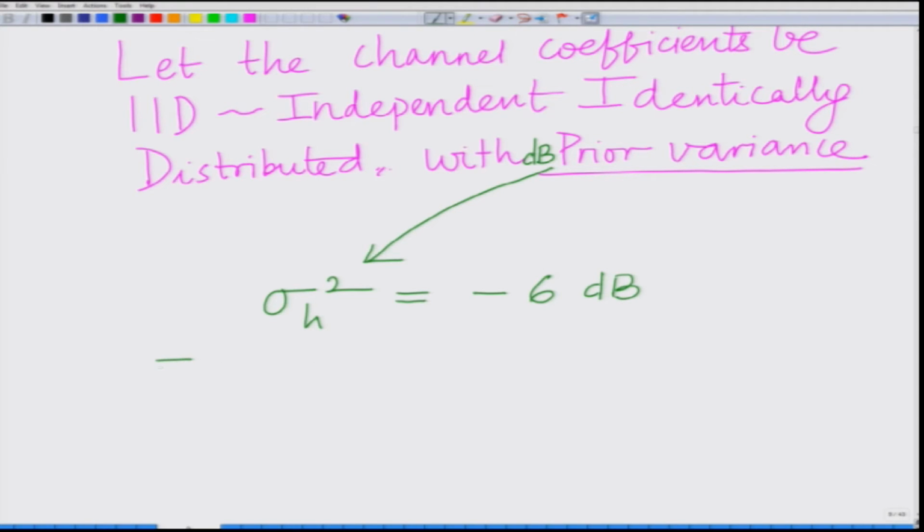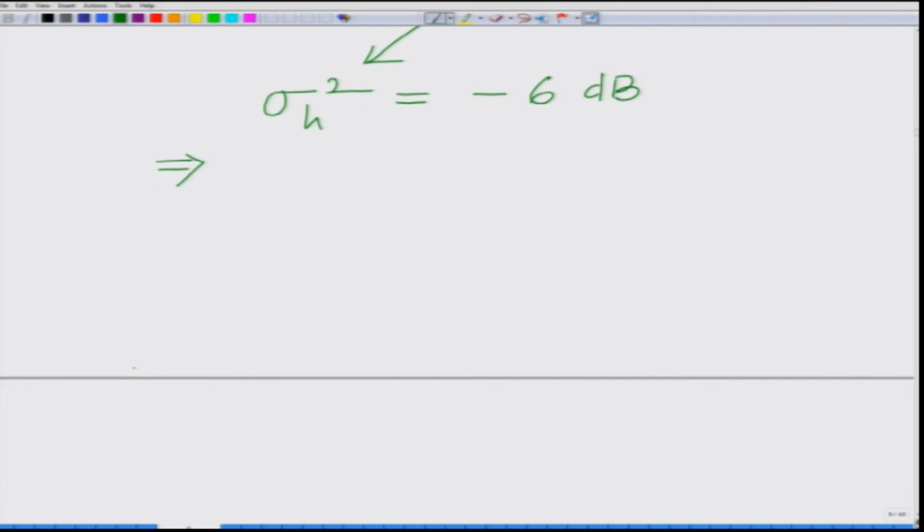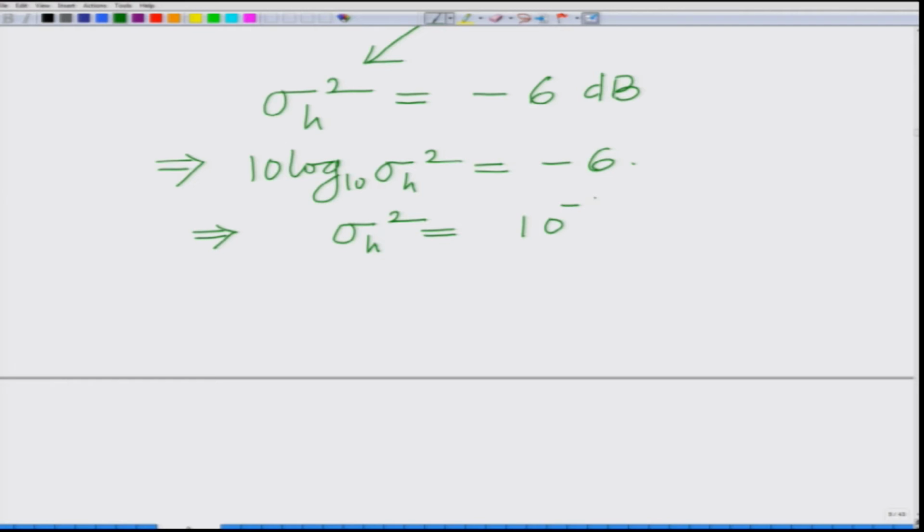The prior variance sigma h square is minus 6 dB, which implies 10 log 10 sigma h square equals minus 6, so sigma h square is 10 raised to the power minus 0.6, which equals 10 raised to the power of 0.3, to the power of minus 2.